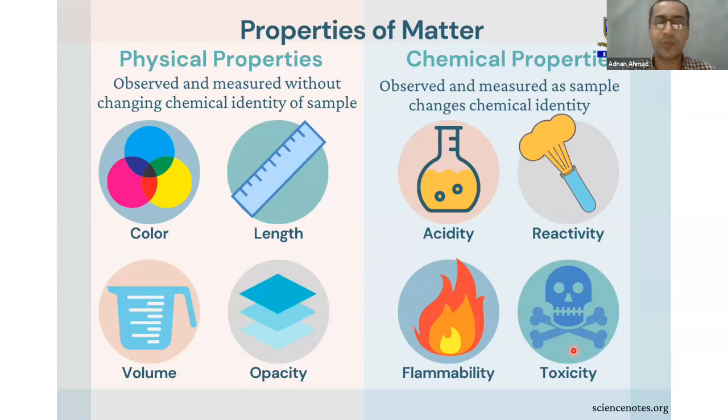Toxicity is basically when we consume things, when we eat them, right? If you eat bad food, what will happen? You will get sick. So we say this is a chemical property, that things can make you sick, right? So matter can have physical properties, and it can have all these chemical properties.